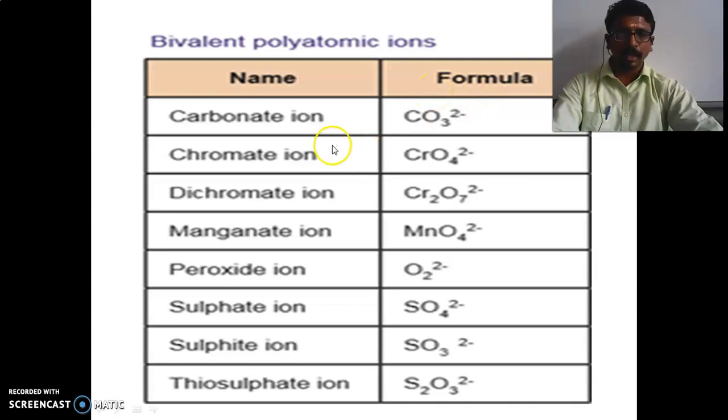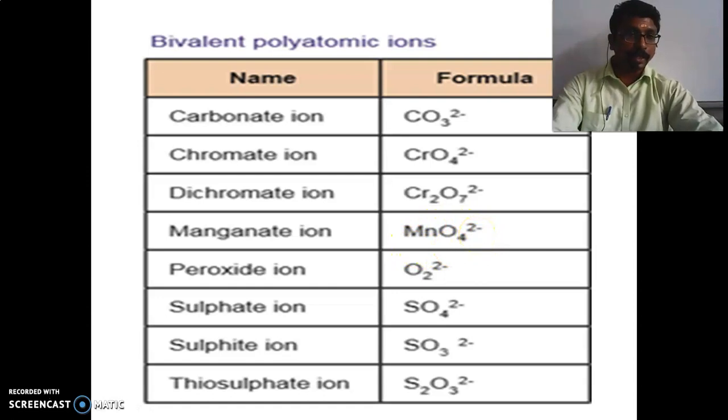For chromate, the formula is CrO4 2-. For dichromate, the formula is Cr2O7 2-. For manganate, the formula is MnO4 2-.